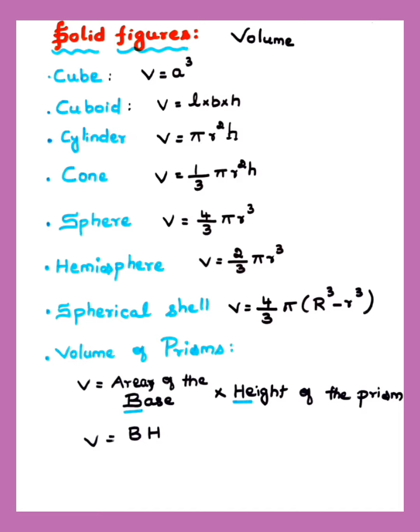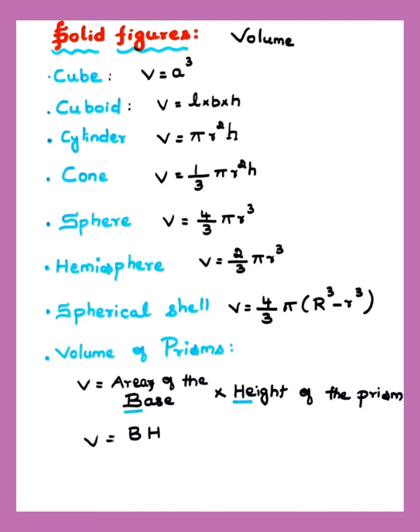The formula to calculate volume of a cube is a cube. For cuboid, length into breadth into height. For cylinder, pi r square h. Cone, 1 by 3 pi r square h. Sphere, 4 by 3 pi r cube. For hemisphere, 2 by 3 pi r cube.